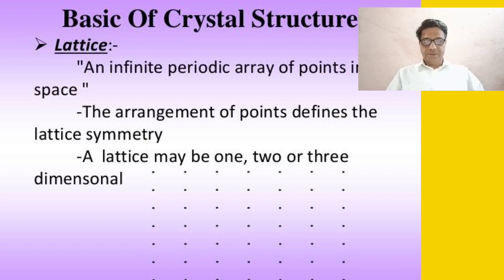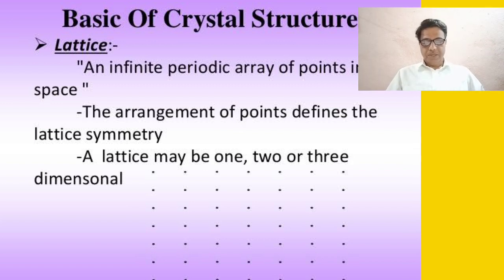A crystal structure is obtained by attaching a constituent particle to each of the lattice points. Such constituent particles attached to the lattice points form the basis of the crystal lattice. If you attach the points from the basis, for example atoms, ions or molecules, to the lattice points, it gives a specific 3D arrangement to form a crystal structure.